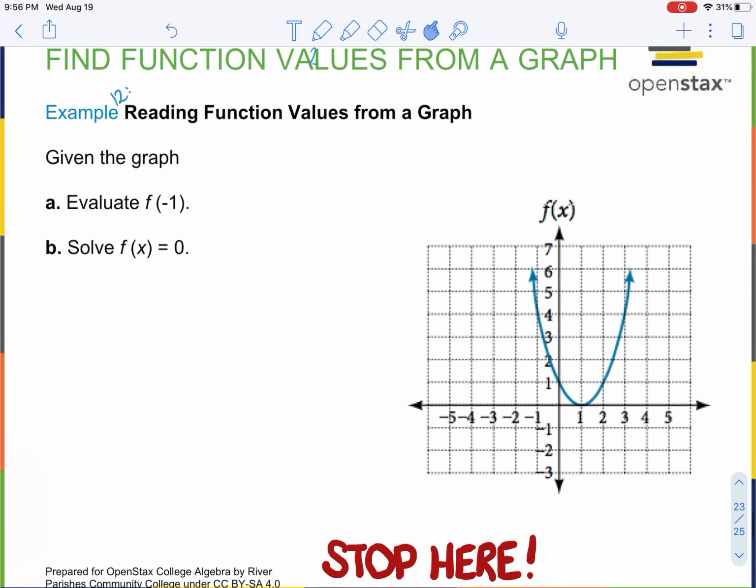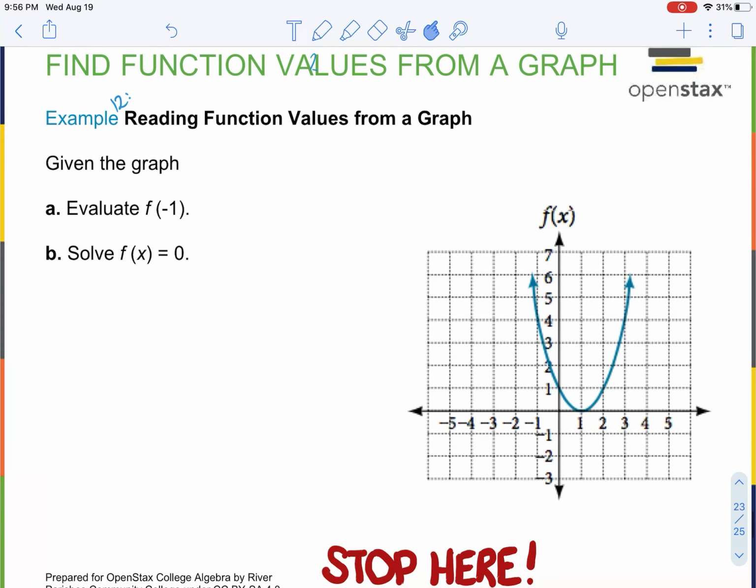All right. For the last one, we are given the graph. Evaluate f at -1 and solve f of x equals 0. So it's basically the same thing. You're just doing this on a graph.